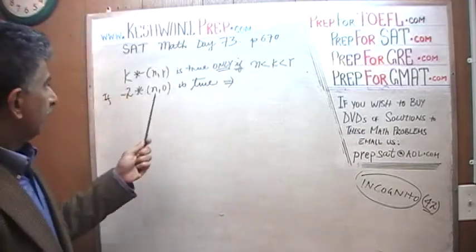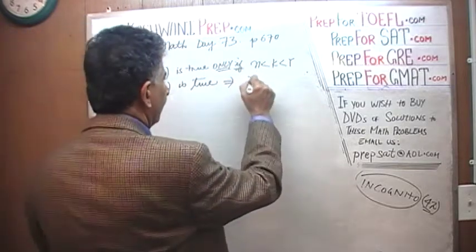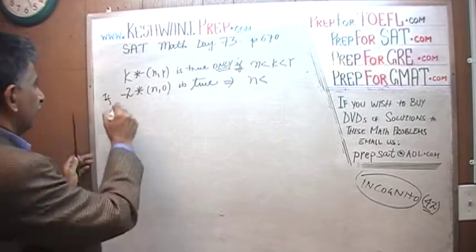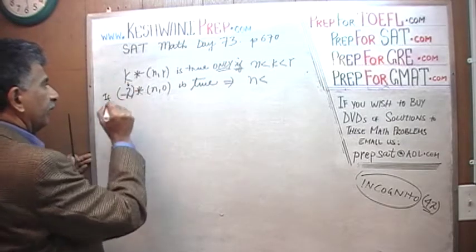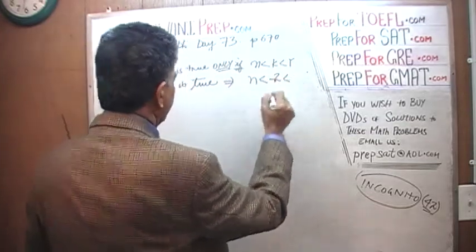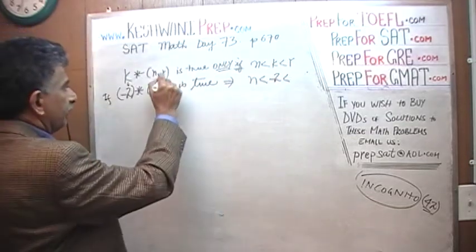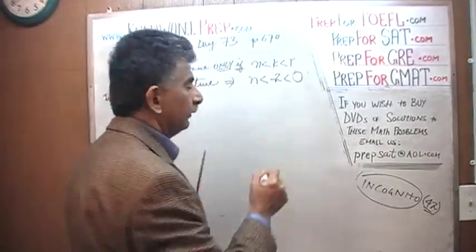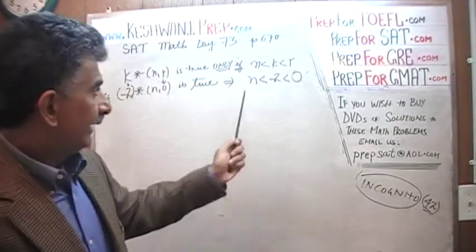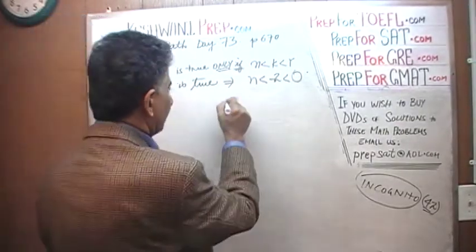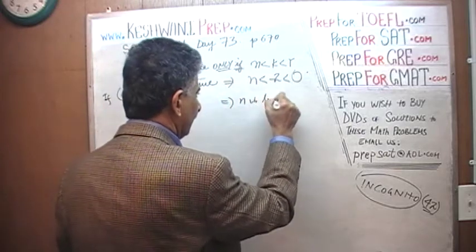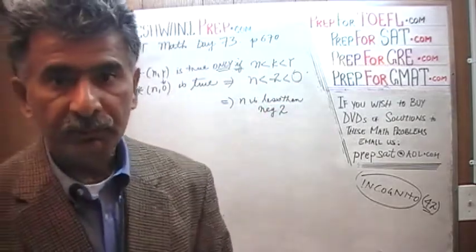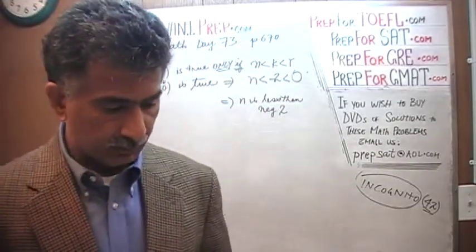We are told that n has to be less than k. K comes before the black box. Here, in place of k, we have negative 2. And then comes r, which is replaced by 0. What this tells us is that this n is less than negative 2. What this implies is that n is less than negative 2.